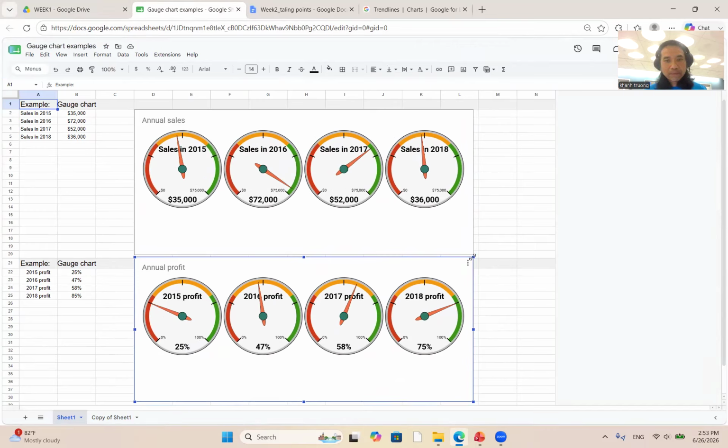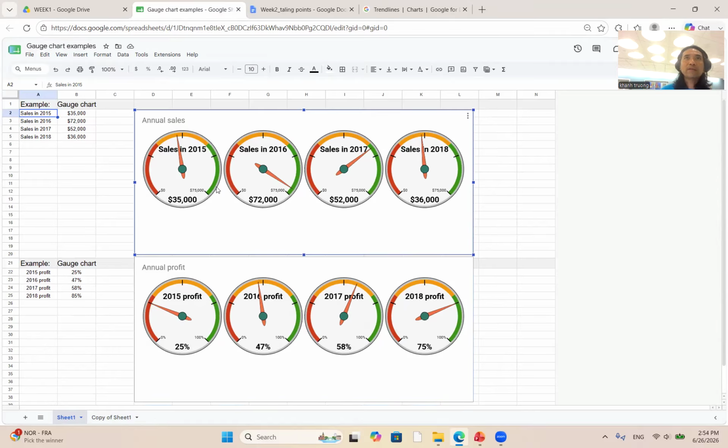This is kind of cool, and you can determine any number to be considered a red zone, and it will be represented here. Say you decide that anything above a certain number is in the green zone, and you'd be able to clearly show that. Take a look at the sales data on the left, and the corresponding graph on the right. Which one helps you see the information a lot better? Of course, the picture, the graph. That's it.